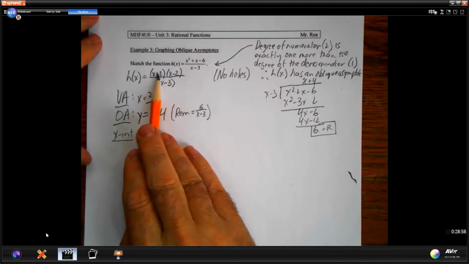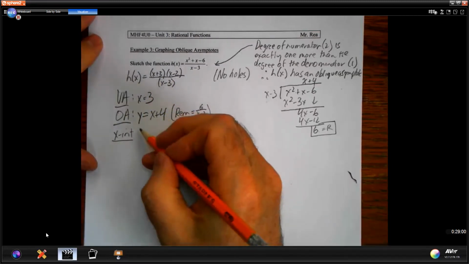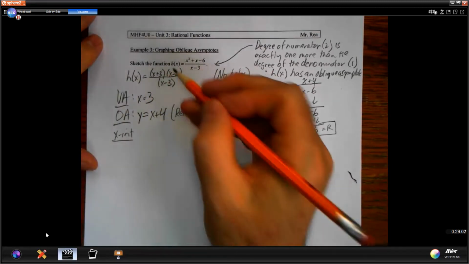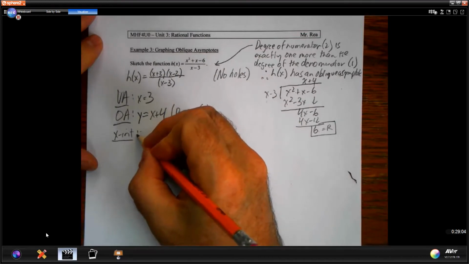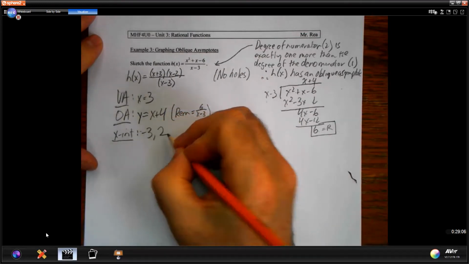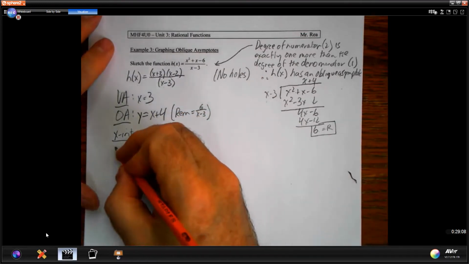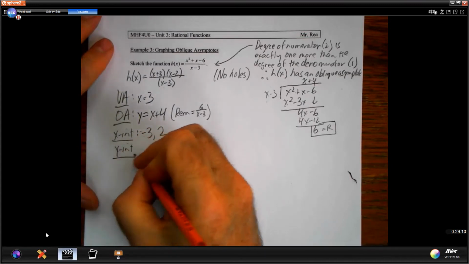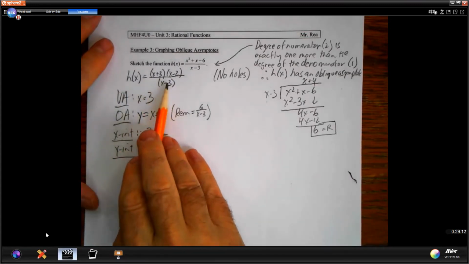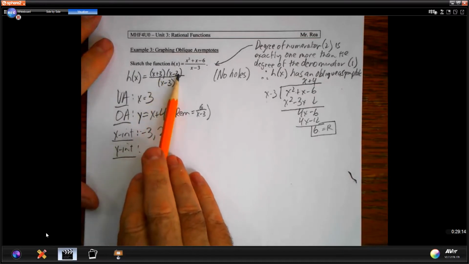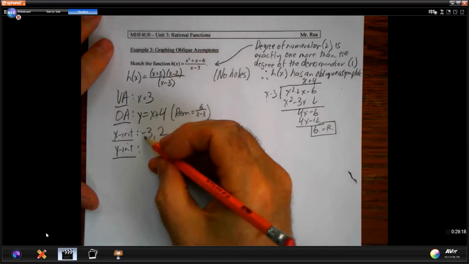If I set both of these factors to 0, I get 2 x-intercepts, one at negative 3 and one at positive 2. And the y-intercept is when I plug in x equals 0 here, so I get 3 times negative 2, which is negative 6, over negative 3, which is 2.